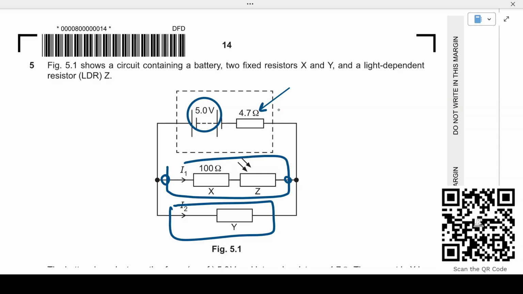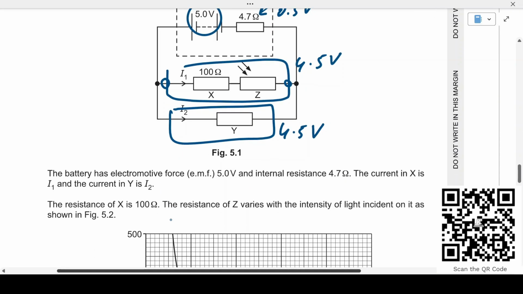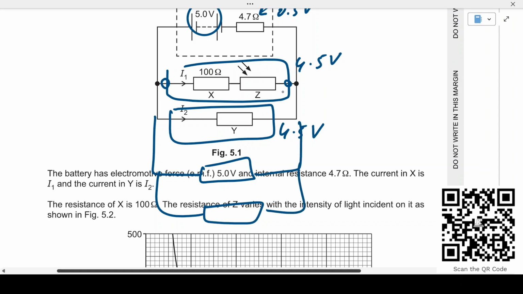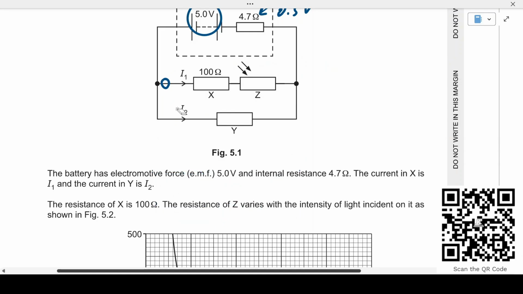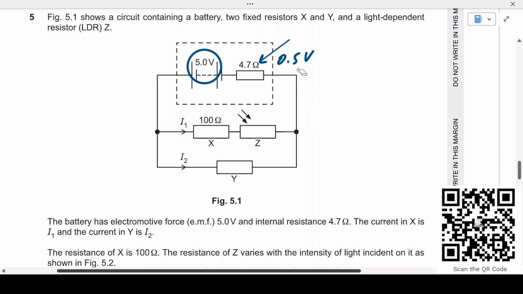So let's say that is 0.5. The leftover 4.5 volts would be across this one, 4.5 volts across this one, 4.5 volts across if there were a third one connected in parallel, 4.5 volts across if there were a fourth one also connected in parallel. But 4.5 was just an assumed value because we don't know what is the voltage dropped inside the internal resistance of the battery.